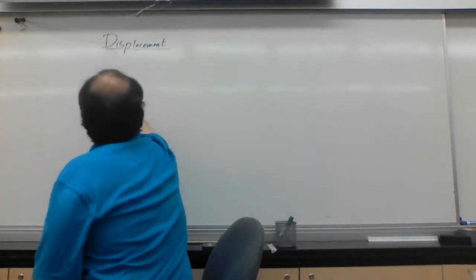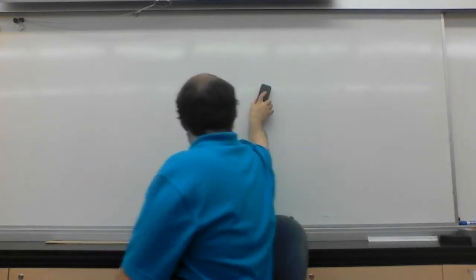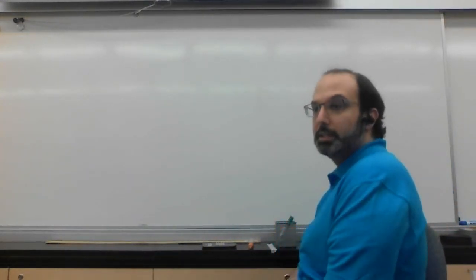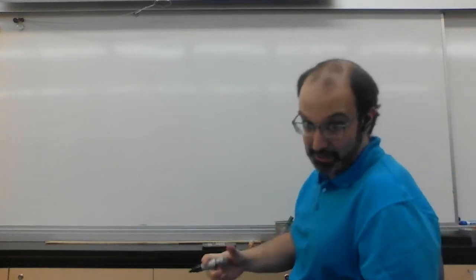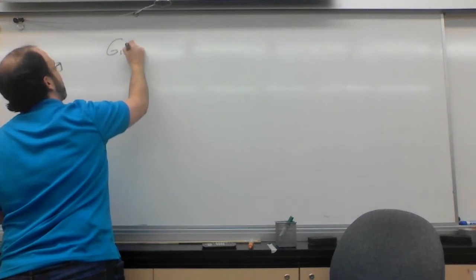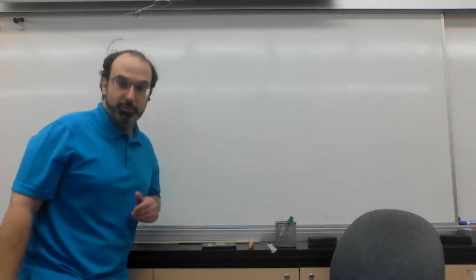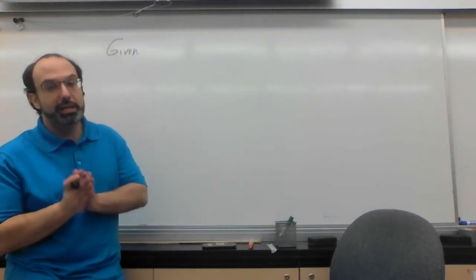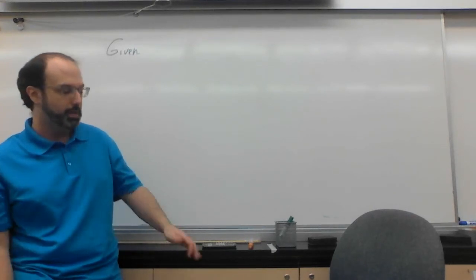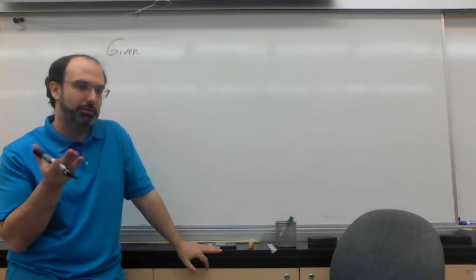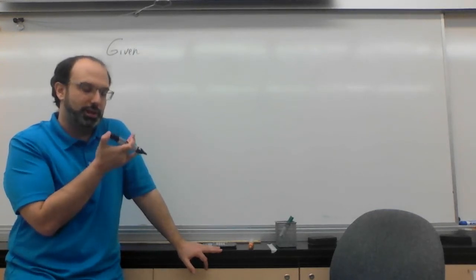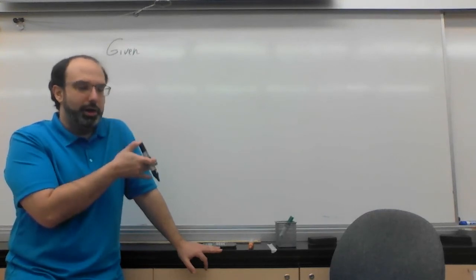Now, let's set up our question. First things first, we've got the given, right? This is the information in the paragraph that we want to work with. One of the things we see with any kind of word problem or physics problem is that the more times you have to look back in the paragraph, the more chances you're going to mess something up. You're going to think one number means something else.